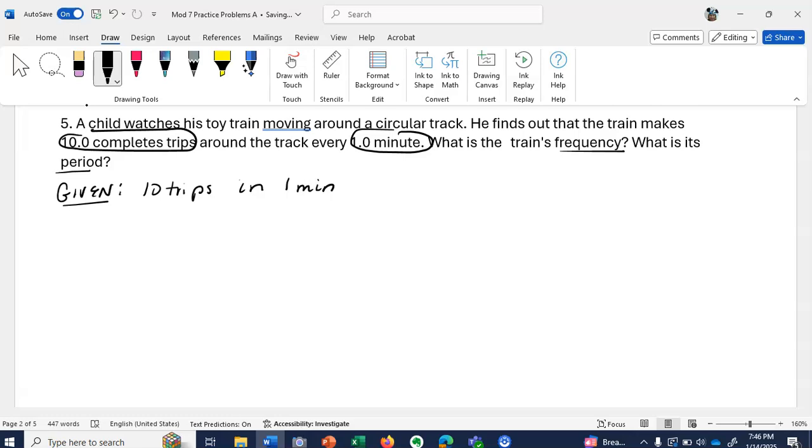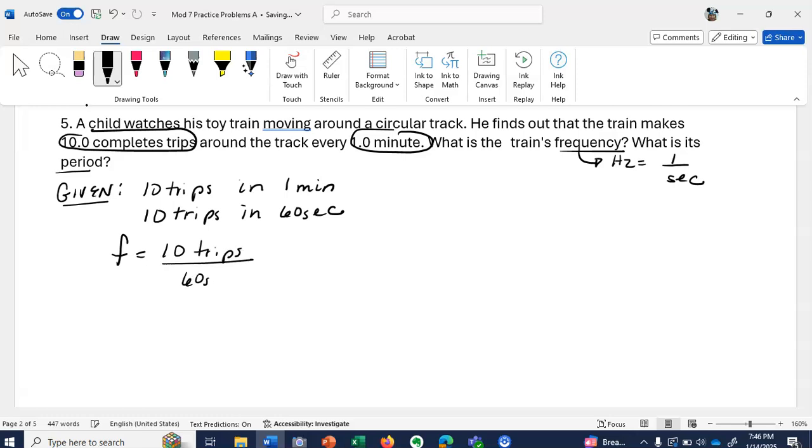Normally the frequency is in hertz, which is equal to 1 over seconds. So I'm going to say this is 10 trips in 60 seconds. So my frequency is 10 trips over 60 seconds, which is equal to, if I round it, that.